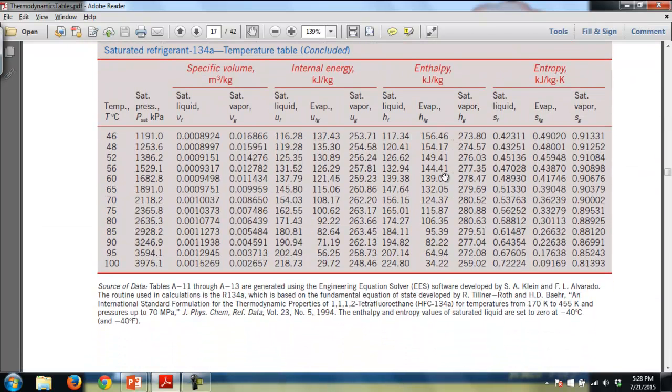Again, I'm looking for a value of 140, and I see that it's going to fall between these two lines right here. So it's somewhere between 60 and 56 degrees. So I want to interpolate to find out exactly what that temperature is. Remember, I'm between 56 and 60, interpolating 144.41 and 139.09.